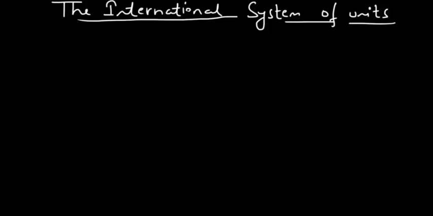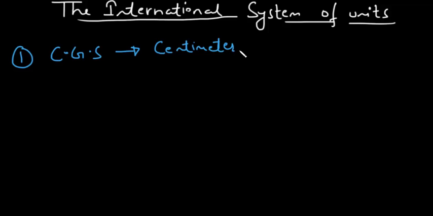We used to have different systems of units, and among them three were very popular. First, CGS, which is centimeter for length, gram for mass, and second for time.